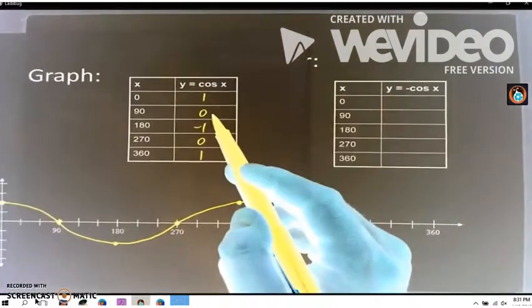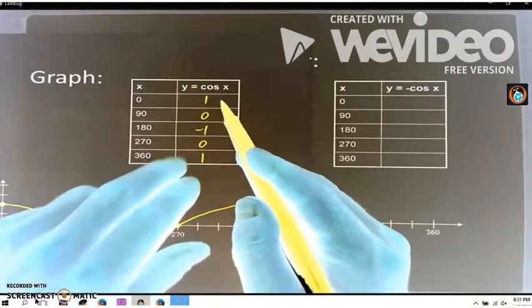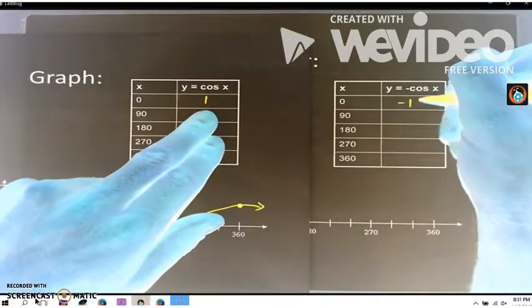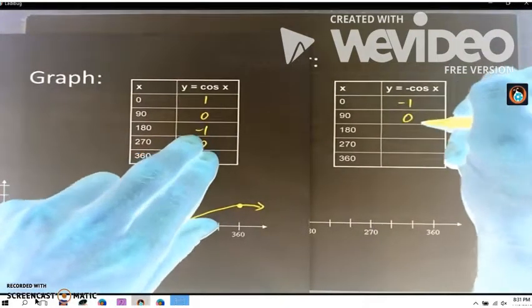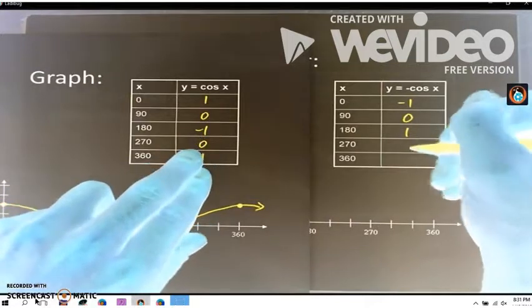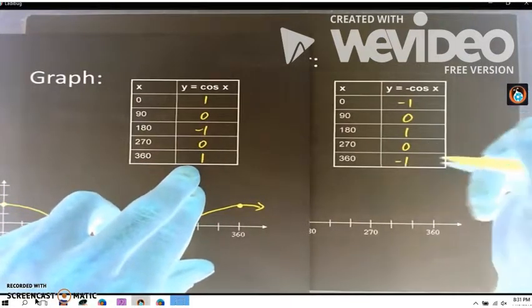So I'm going to take all of these values and just make them all negative. So this will be negative 1, negative 0 is still 0, positive 1, 0, and negative 1.